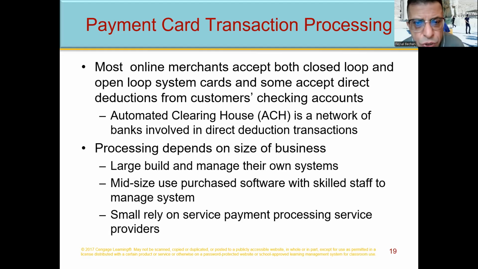Most online merchants accept both closed loop and open loop system cards, and some accept a direct deduction from the customer's checking account. It can be done. The automated clearing house is a network of banks involved in direct deduction and transactions on a daily basis, probably supervised by the central bank.